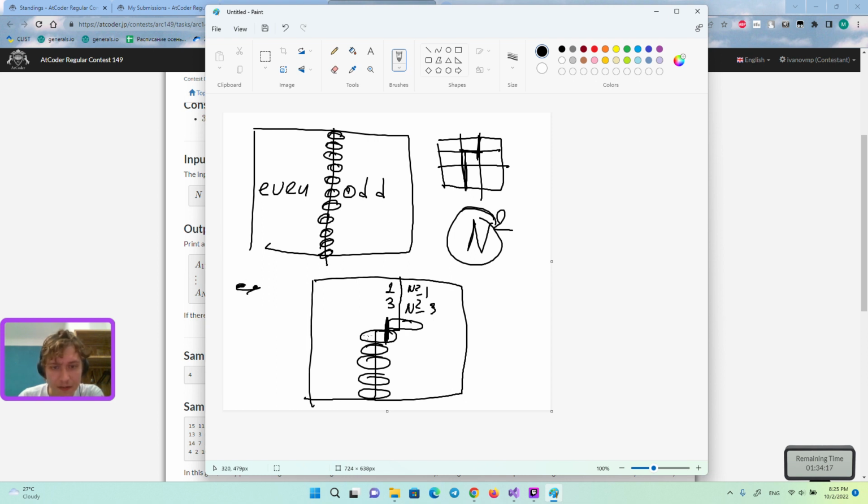We just need to find two even numbers or two odd numbers such that the sum is composite. What is the sum? The sum is a minus b plus n squared. So n squared plus 2 or plus 4 or plus 6, something like this.